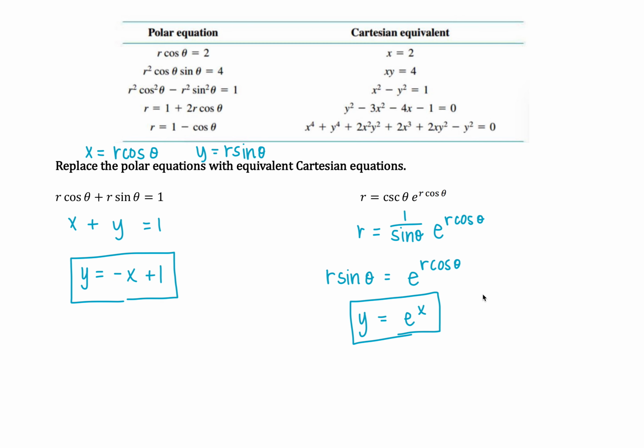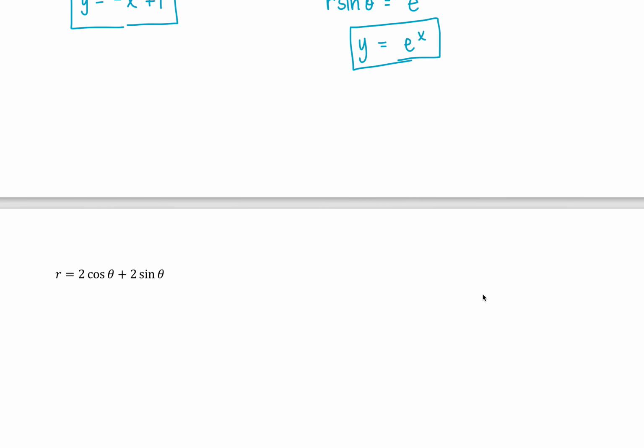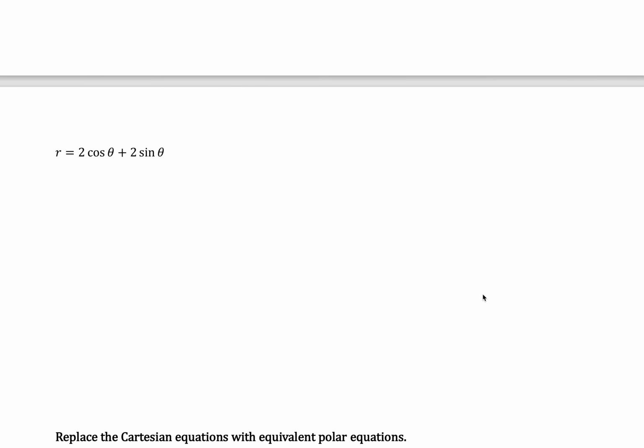So I'm going to do one more of these. Here I've got r equals 2 cosine theta plus 2 sine theta. And right now it doesn't look like what we're looking for, because remember, we know that x is equal to r cosine theta and y is equal to r sine theta.